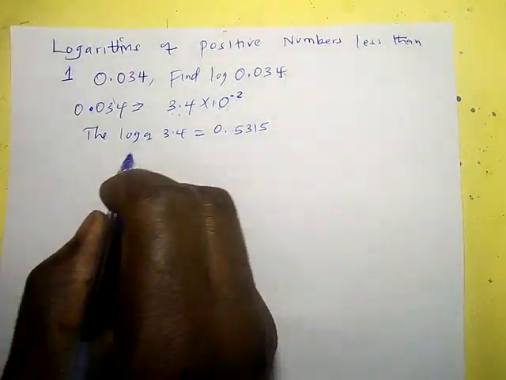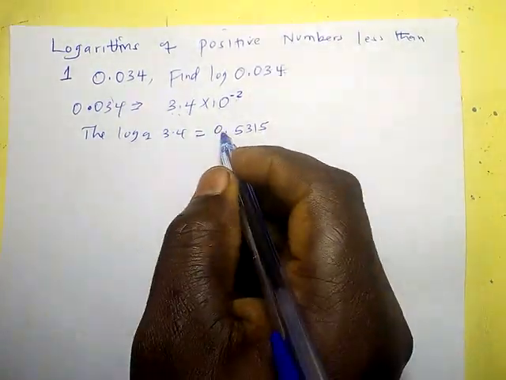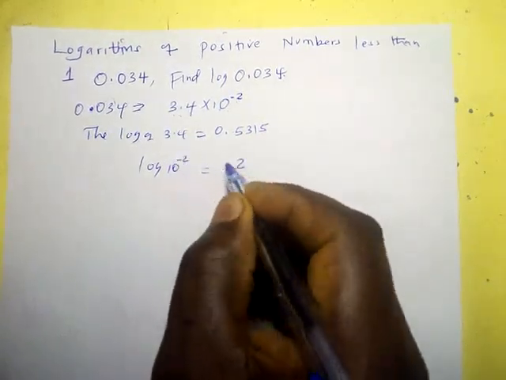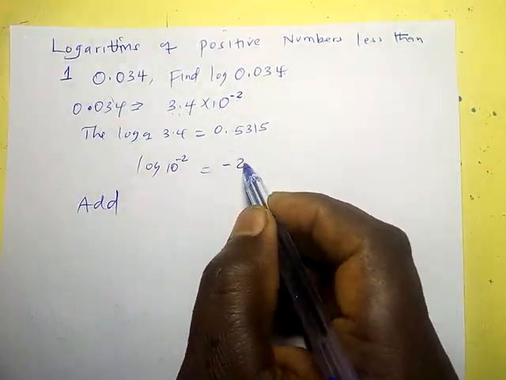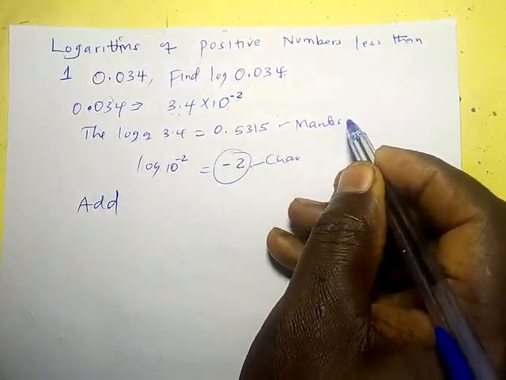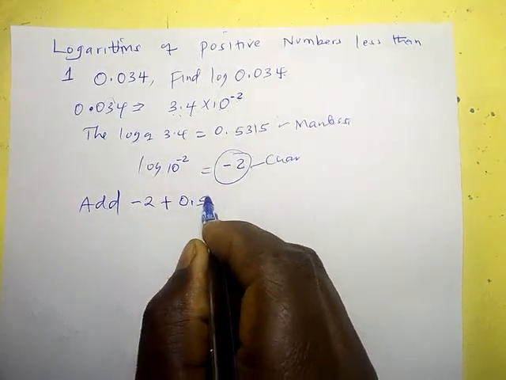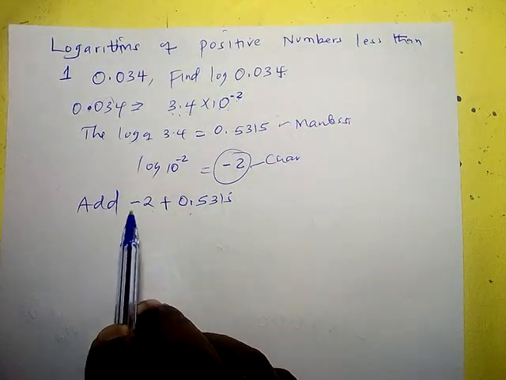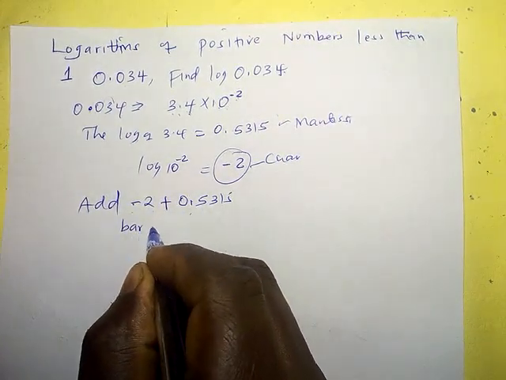So from there we have log base 10 of 10 to the negative 2. The answer is negative 2, the power. So we need now to add. This one is called the characteristic, and this one is the mantissa. You add them. So it is negative 2 plus 0.5315. Now in this case, you don't say negative 2 point. This one is negative, but here we call it bar 2. It is called bar 2.